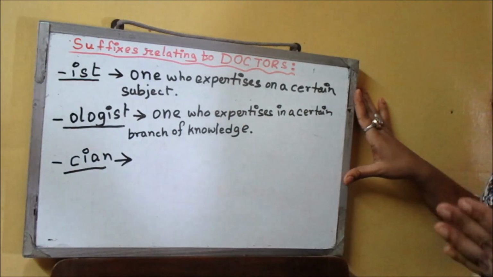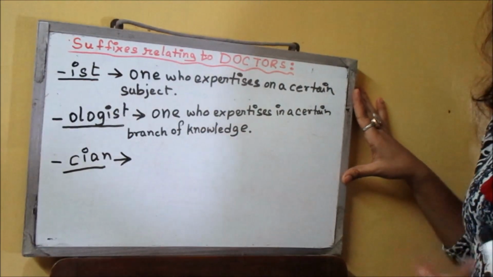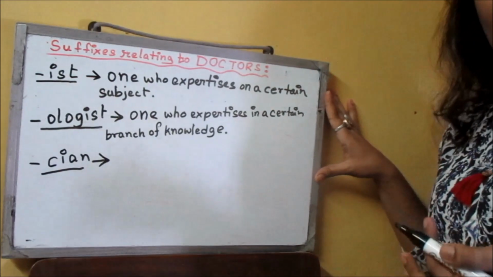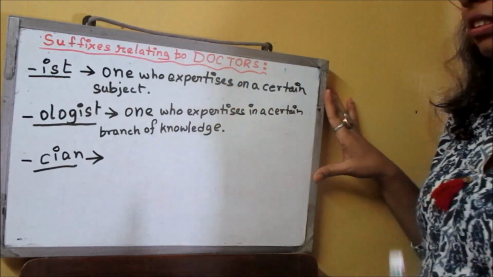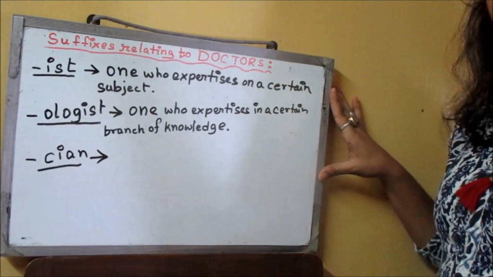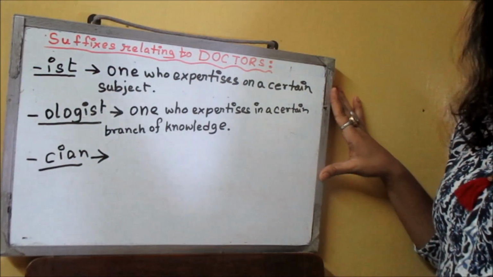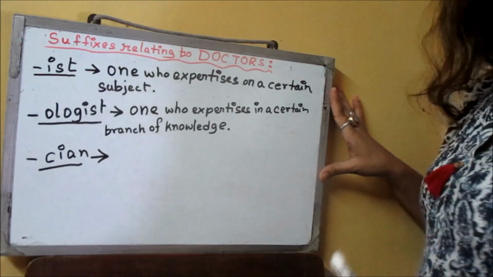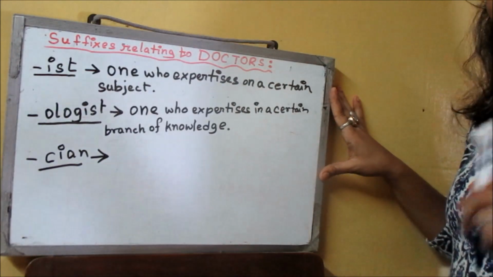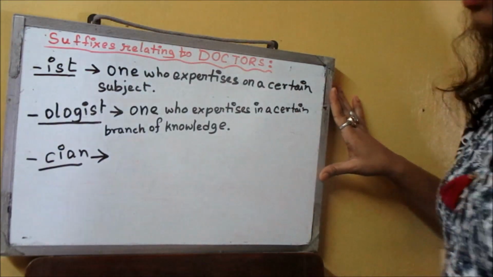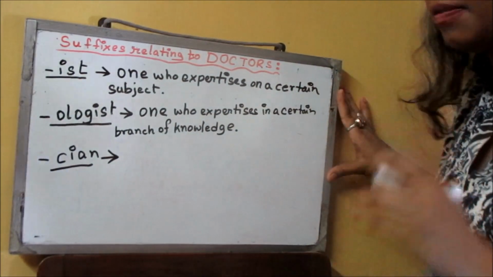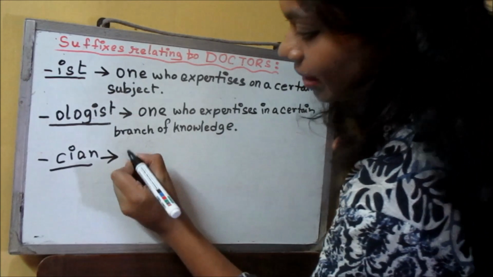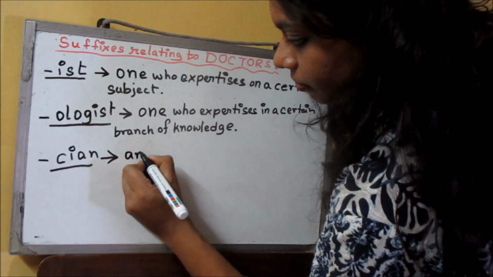The most talked about word that we have heard since our childhood days has this suffix cian in it. So can you guess the word? It's magician, right? Magician is a person who is an expert in magic, right? So cian makes a person an expert in a certain thing. So cian means an expert in.